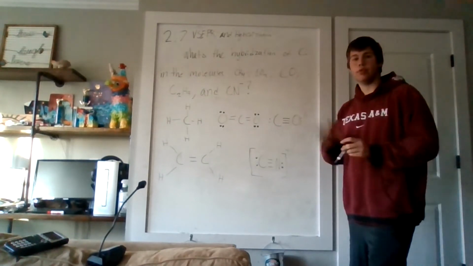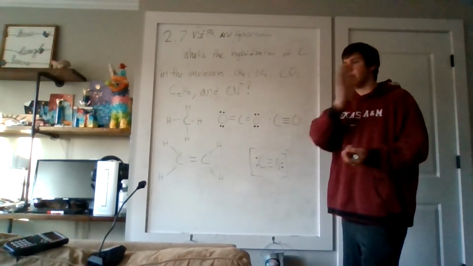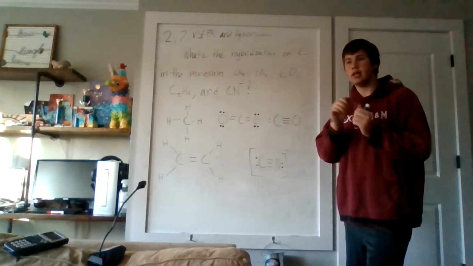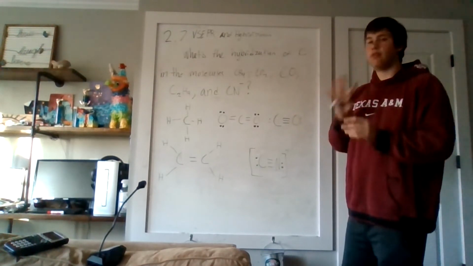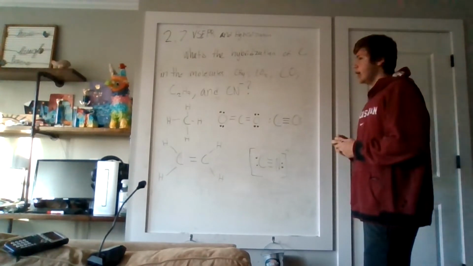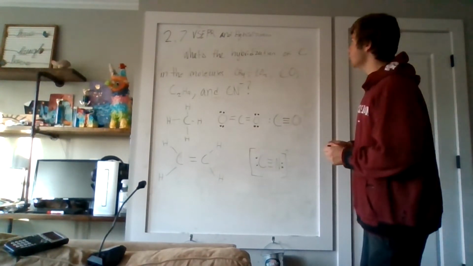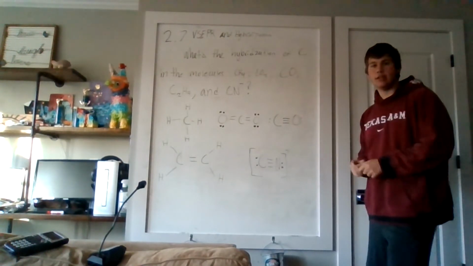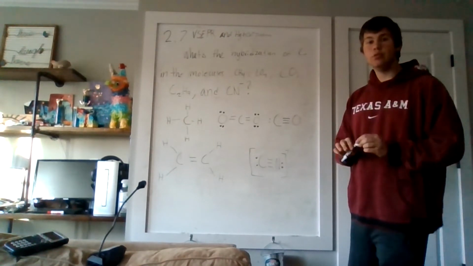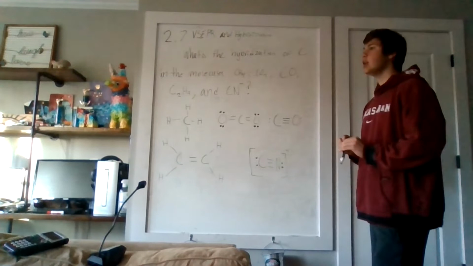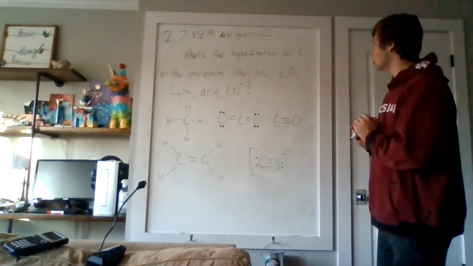But in order to bond with 4, carbon will merge them and half fill sp3 orbitals with 4 electrons. That way it can have more bonding sites. The end result is hybridization, and we can have sp, sp2, and sp3 depending on how many domains carbon has.